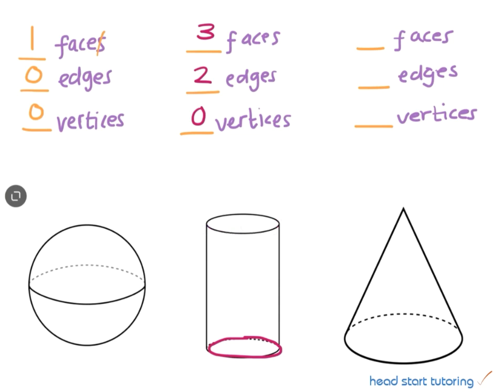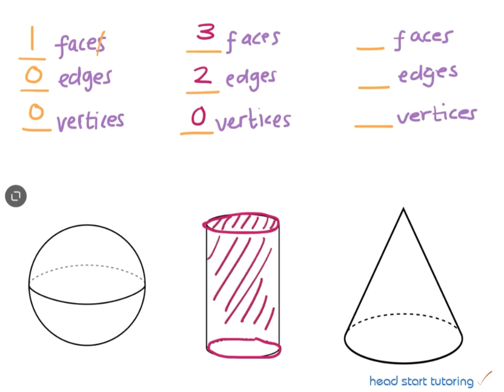So if I just rub that out, we have got an edge over there and an edge over there, because those 2 edges join this face over here with this middle face, and this edge over here joins this circular base or face with this middle face as well.